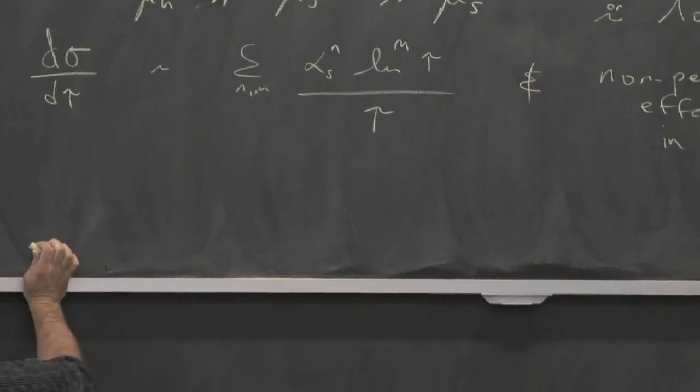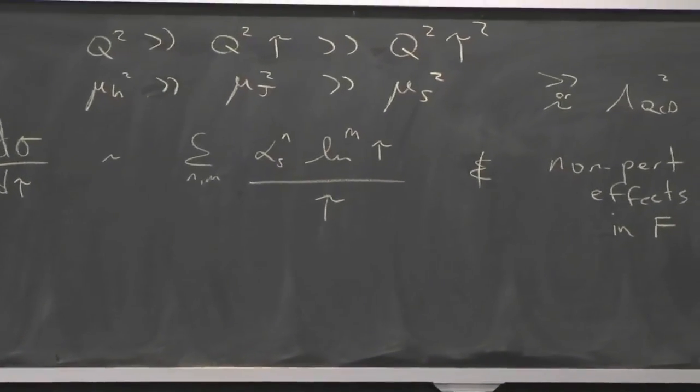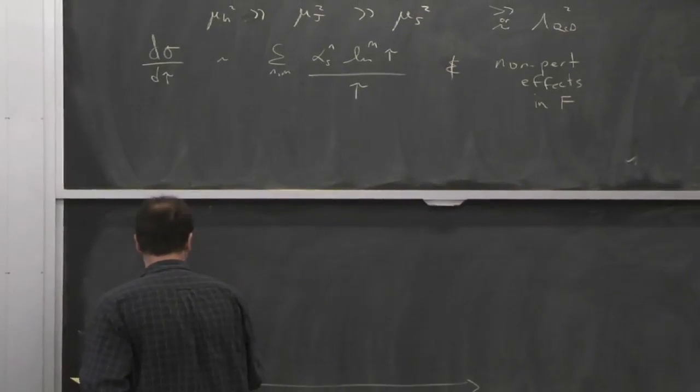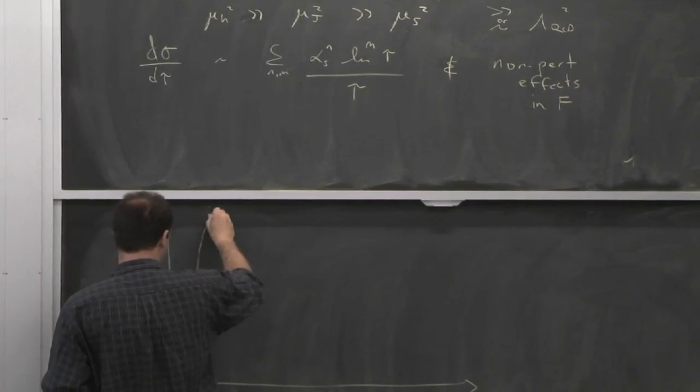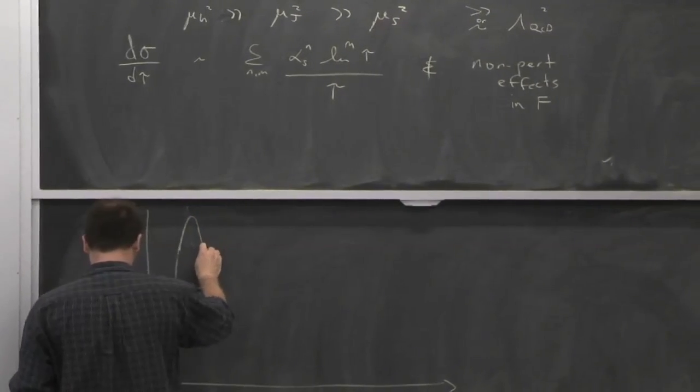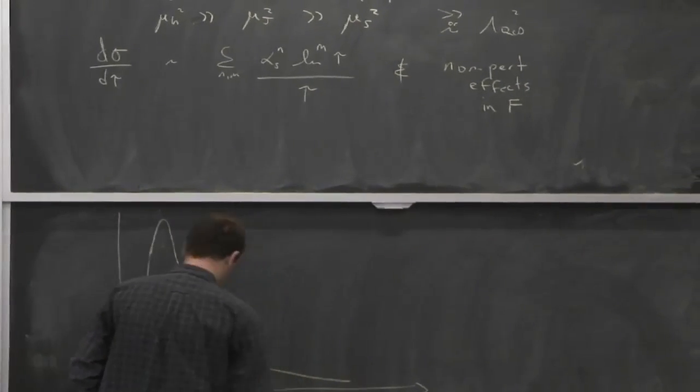So what does it look like as a picture? What does the cross-section look like? There's a peak, as I promised. And then there's a tail.